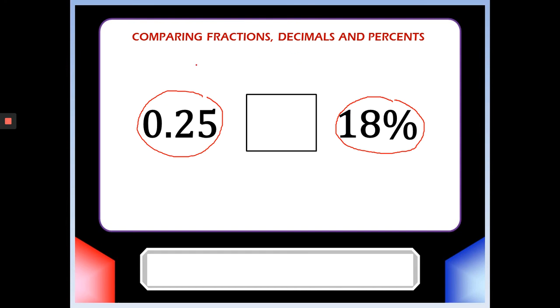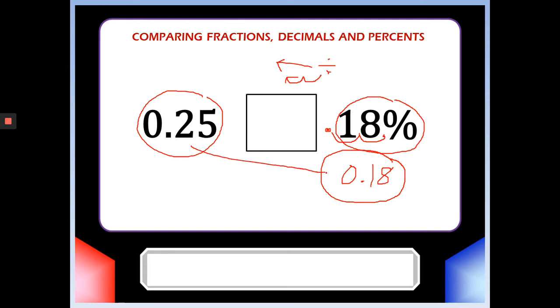And then you're converting it to decimal. So that means you will divide by 100. Then that means the decimal point is moved 2 times to the left. So the decimal point is here. Move to the left, 1, 2. Then there's the decimal point there. So it's 0.18. Now that we got the decimal, which is greater, 0.25 or 0.18? Of course, 0.25 is greater. So our answer here is, again, more than.